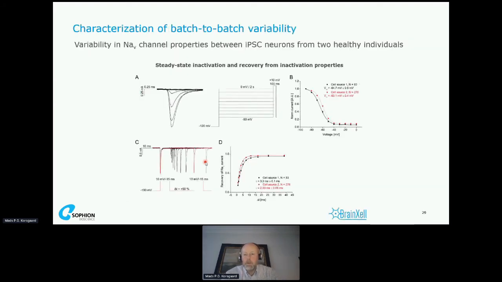However, there are still some challenges with these types of cells, not so much the instrument side of it, but the cell side of it, namely the fact that the batches themselves vary a lot. So in this case, it's not a patient versus a rescued cell of some kind. It's simply batch to batch variation, and you can appreciate these n numbers.